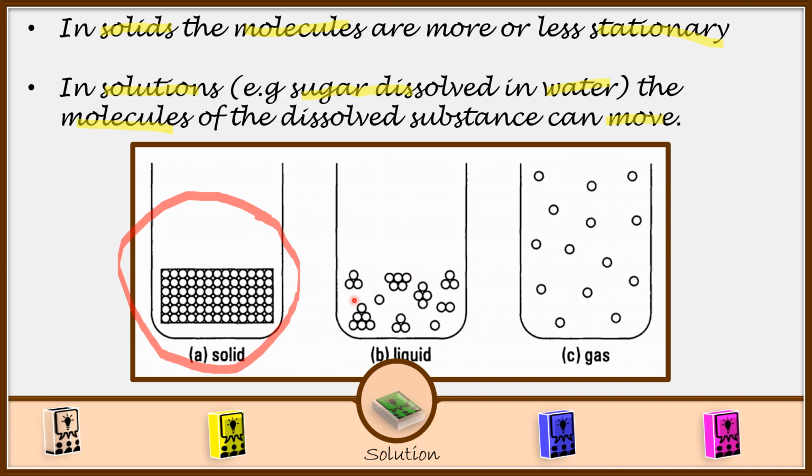Therefore, it can easily move. But sugar is a solid, but when it dissolves in water, its molecules can easily move around.